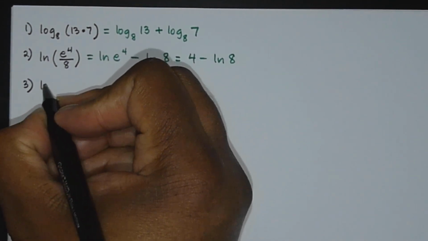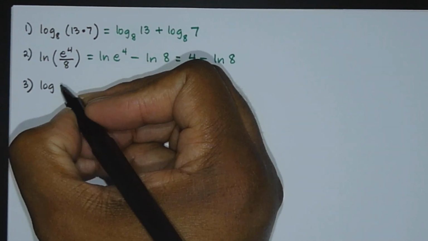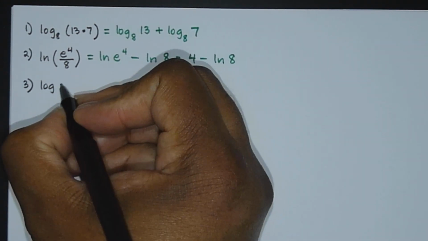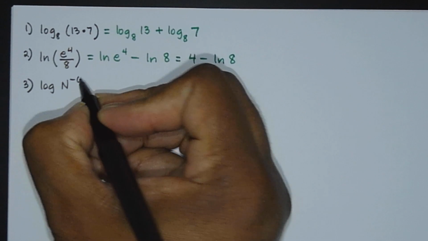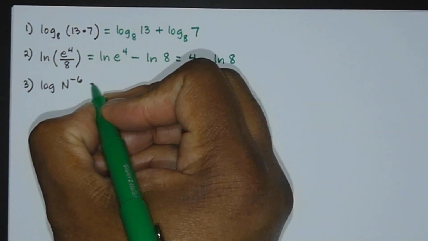Number three, we have log of n to the negative 6 power. So what rule can I use here? I got an exponent, so I have to use the power rule.